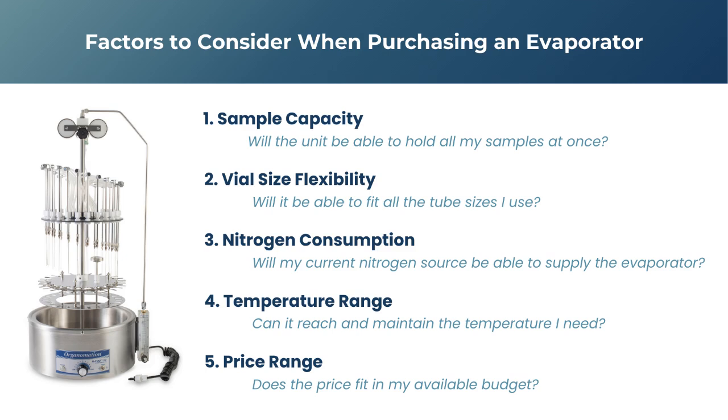So these top five include sample capacity, so will the unit be able to fit all my samples at once? Vial size flexibility, will it be able to fit all the tube sizes that I use? Nitrogen consumption, will my current nitrogen source be able to supply the evaporator? Temperature range, can it reach and maintain the temperatures that I need? And then, probably the most important is price range. So, does the price fit in my available budget?